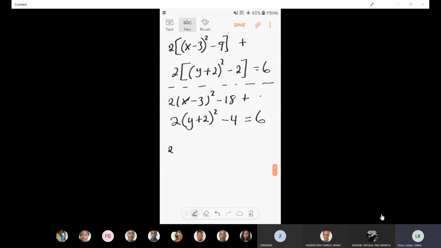So I have 2(x minus 3) squared plus 2(y plus 2) squared. Then we say the constant goes to the other side, and when it does, how much is that?